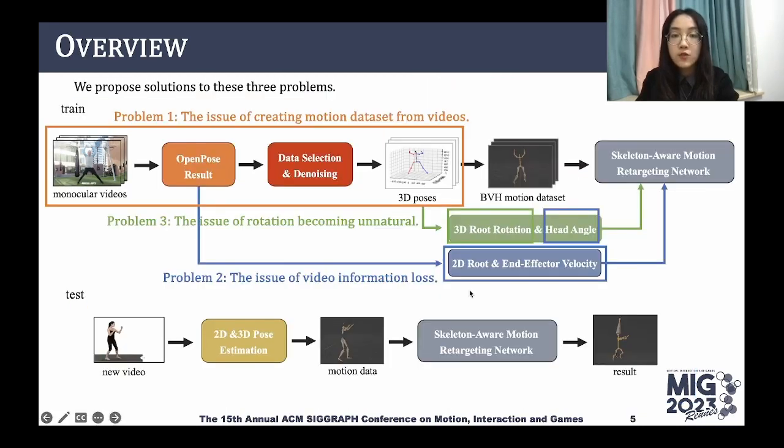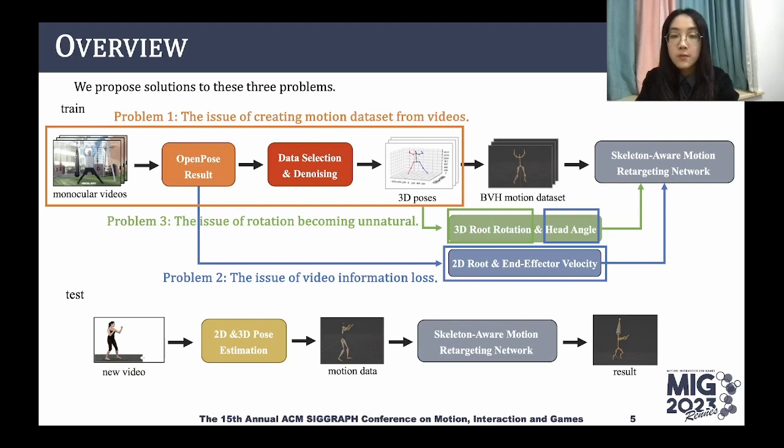To address these three problems, we have proposed specific solutions. First, we propose a pre-processing method that pre-processes data after extracting 2D poses from videos to create stable 3D motion datasets adaptable to the skeleton-aware motion retargeting network. Next, by using the information from 2D poses and adding new loss functions, we generate result motion that more closely matches the original videos.